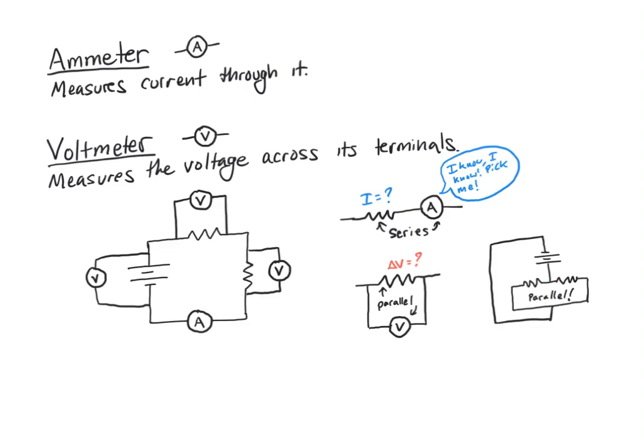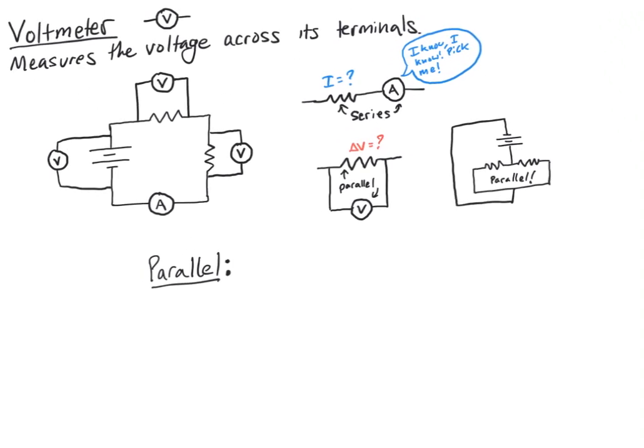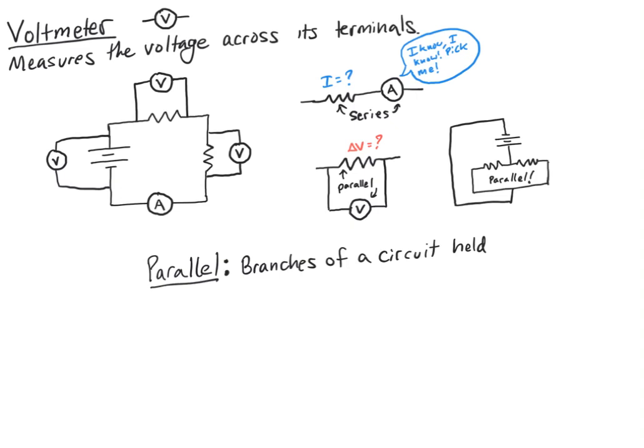So what makes them in parallel with each other? Well, two branches of a circuit are considered to be in parallel with each other if they're held at the same potential difference. So for example, in this diagram over here, because one end of the voltmeter is connected to one end of the resistor by nothing but wire, and same on the other side, they have to have the same potential difference, because potential difference through nothing but wire is zero.